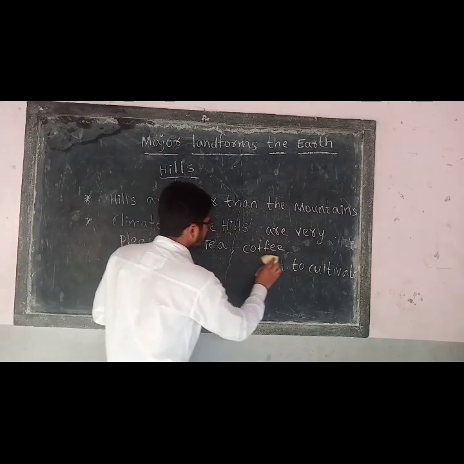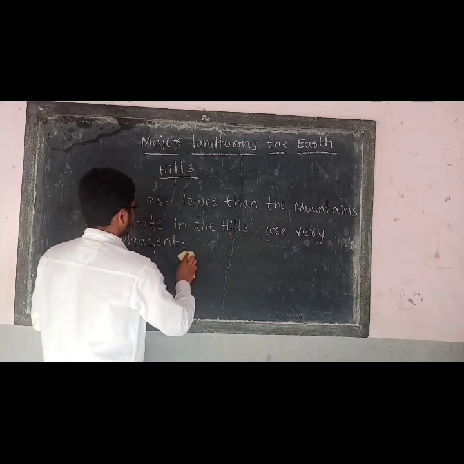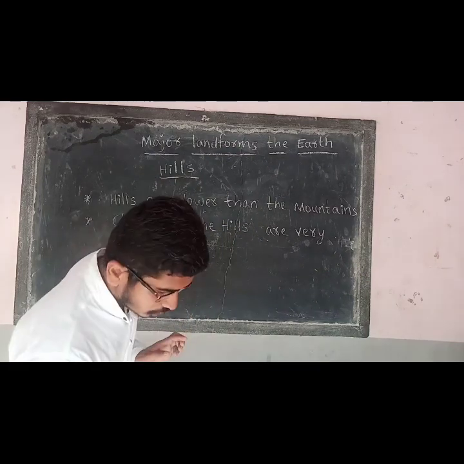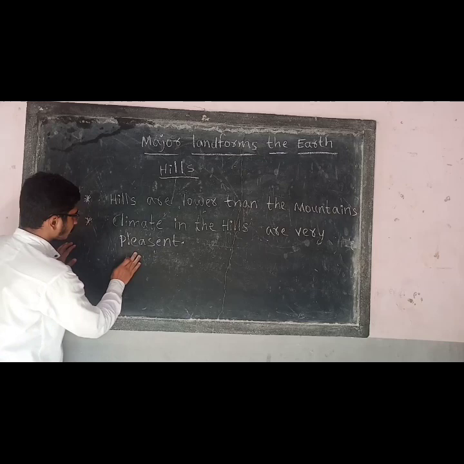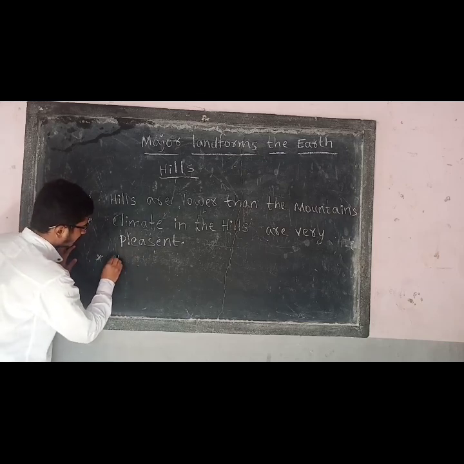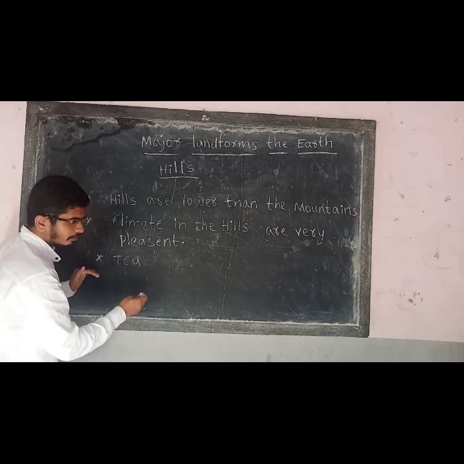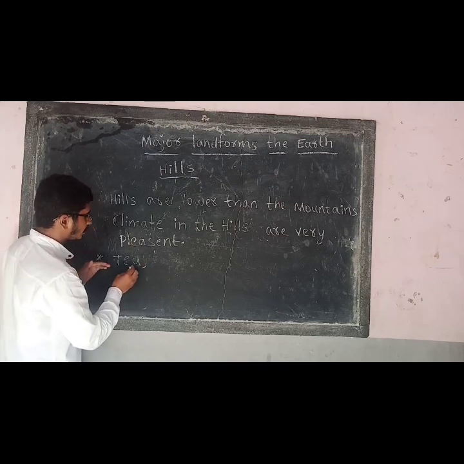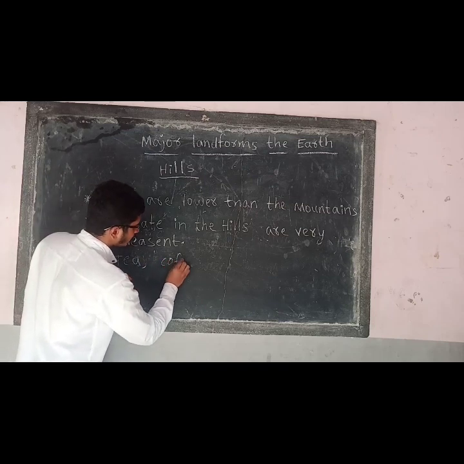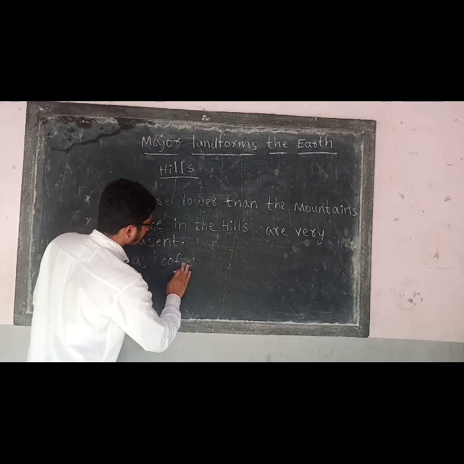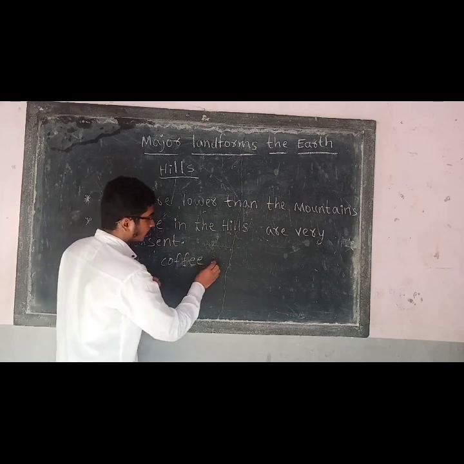Better you do one thing. Which crops will they grow? Mostly tea. You can write it in a separate point, the same point but written separately. Tea, coffee, and fruit orchards.